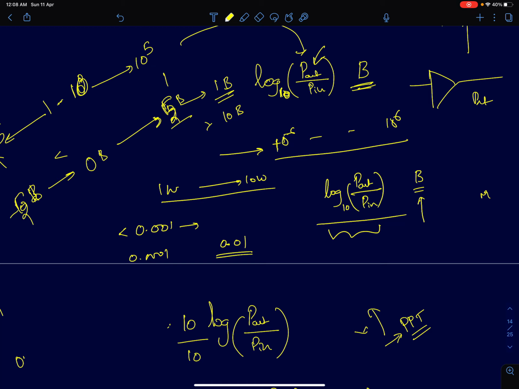We would prefer to have an integral multiple of the fundamental unit that we are going to use here. In that case, it's easier to use milliwatts as a unit, so that the numbers look more like integers. If you use milliwatt as a unit, 0.0001 becomes 0.1 milliwatts, 0.001 becomes 1 milliwatt, and 0.01 becomes 10 milliwatts.